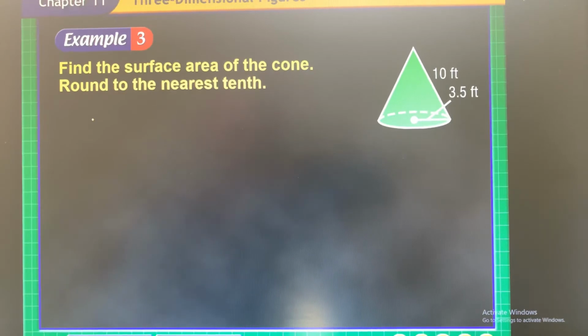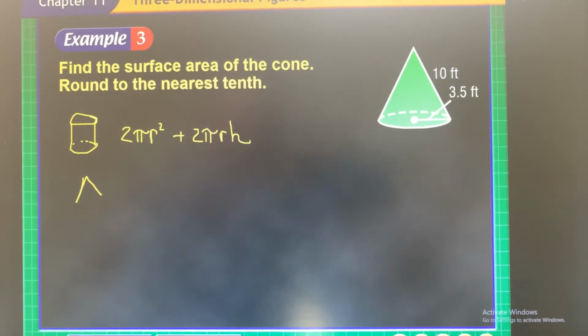Cones. What I want you to remember is when we did cylinders. So I want you to be able to compare these 2 formulas. 2 pi r squared plus 2 pi r h. So now when I'm doing the cone, I want you to see how close these formulas are.